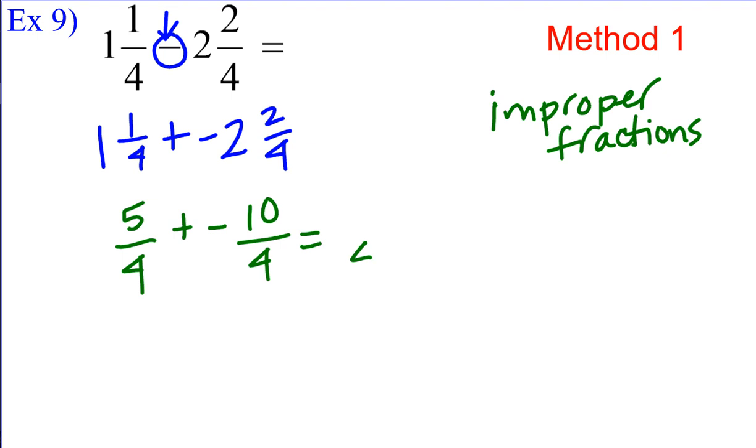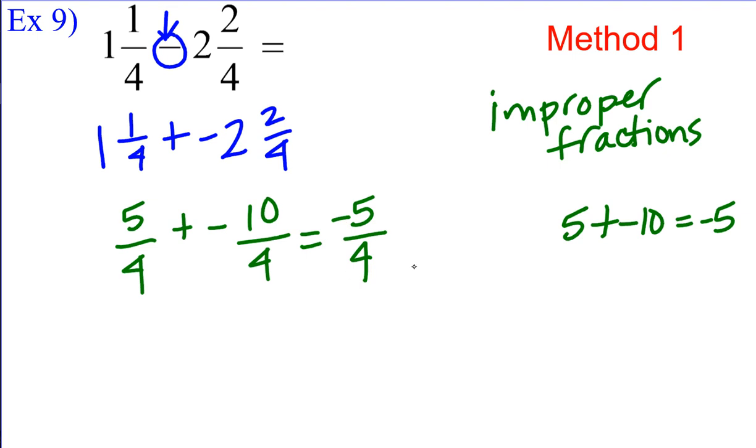Keeping the denominator of 4, we have 5 plus negative 10, which gives negative 5, so the answer is negative 5/4.